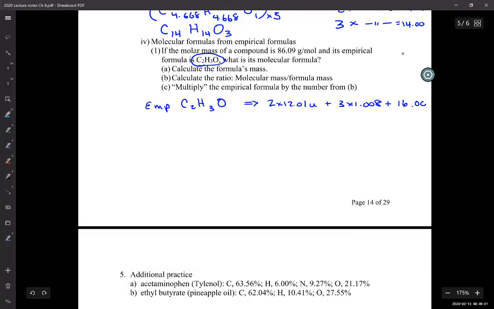Okay, so add that up and tell me what you get. Got 43.